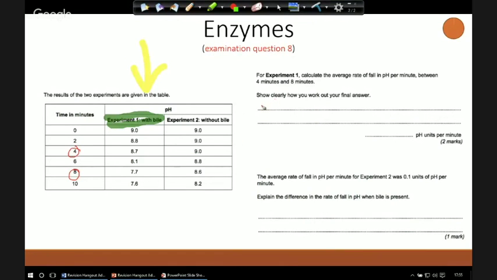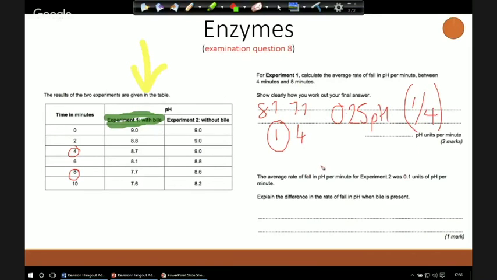Well, we start with a pH of 8.7 at 4 minutes, and by 8 minutes, it becomes 7.7. That is a fall of 1. But it's taken us 4 minutes to get there. So per minute, we are going down by a pH of 0.25, or you would have got away with saying a quarter.